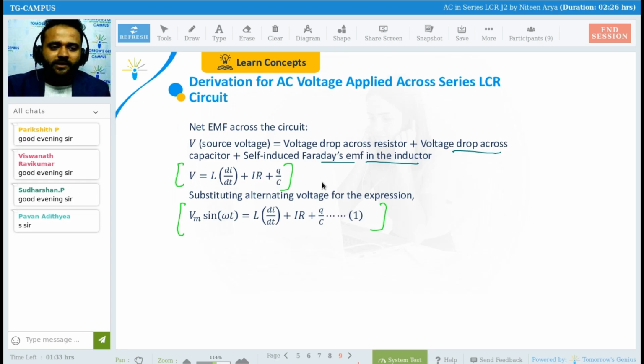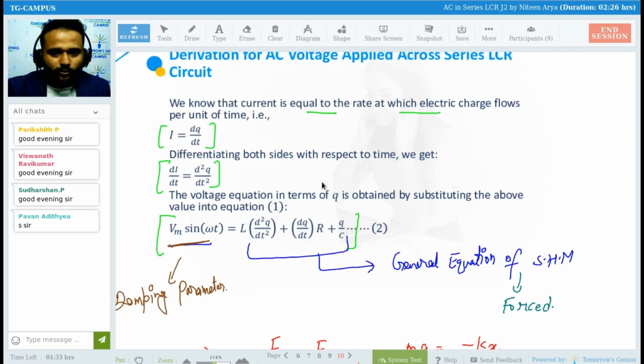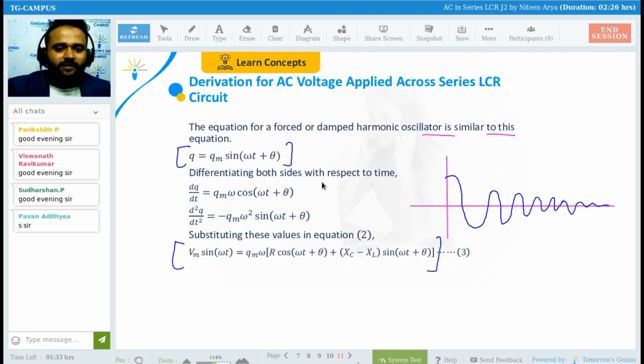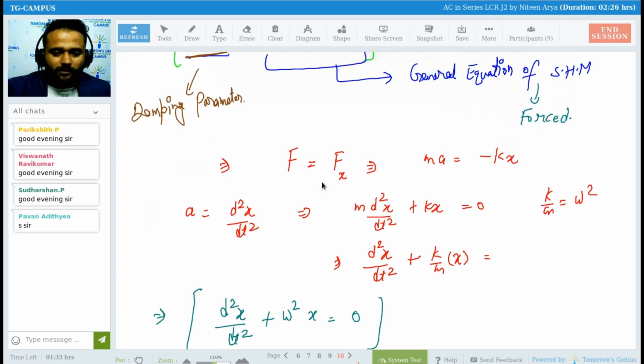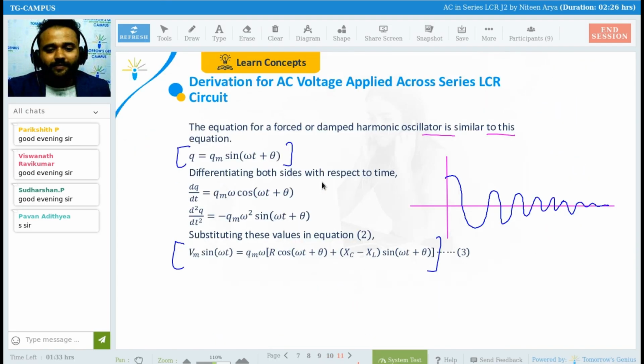Because the voltage on a capacitor is not in the form of I, it is in the form of charge Q. So I need to convert everything into the form of charge to find the alternating charge in the form of ωt. Then I do this mathematics: I equals dq/dt, dI/dt equals d²q/dt², put into the formula again. Then we know it is a forced damping equation, which we already did in the previous class, the 11th class.